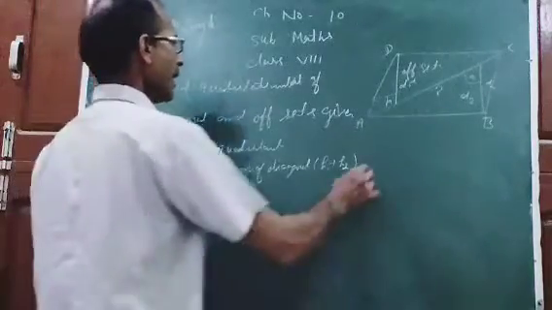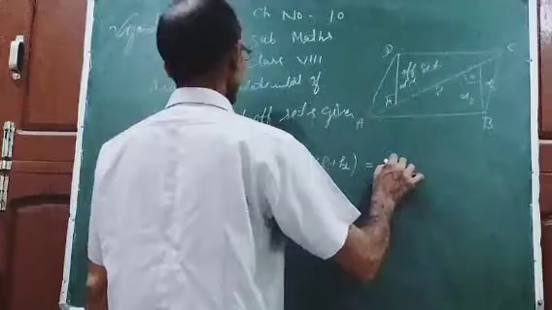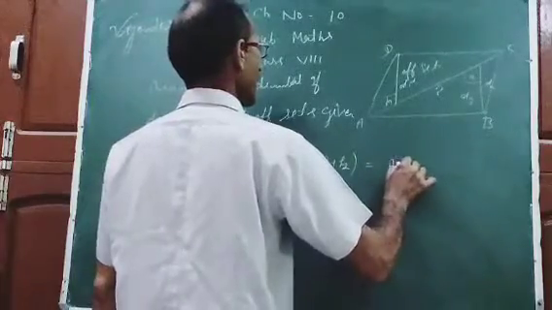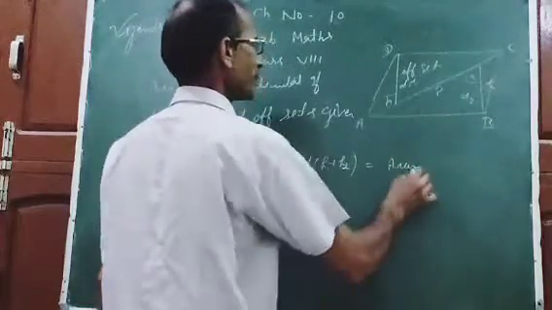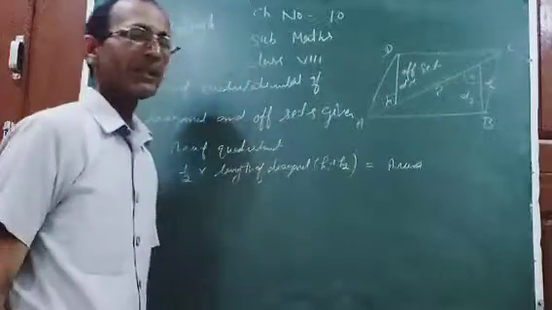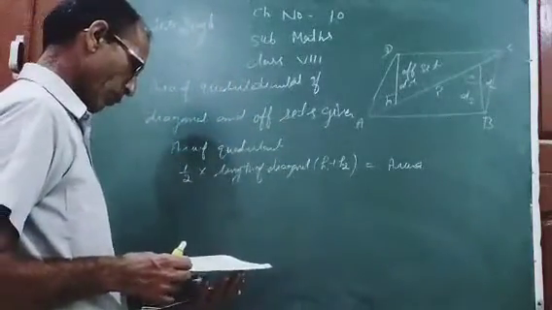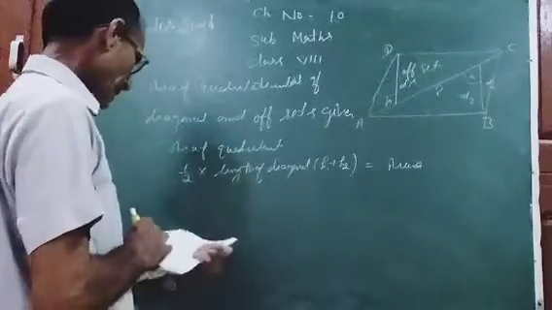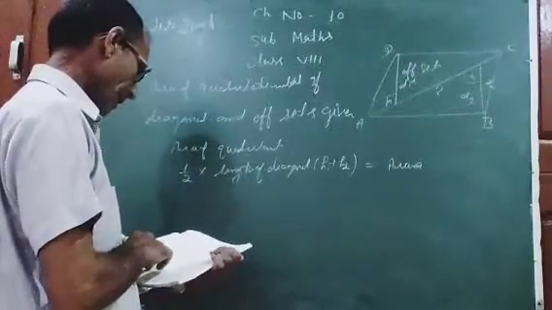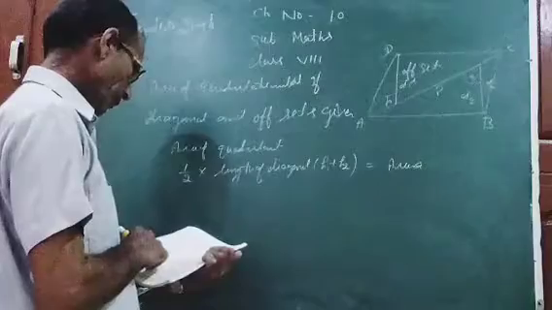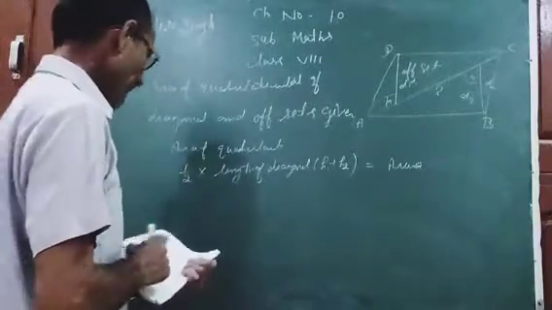So this will be the area. Any doubt, any confusion? Now in question number 9, area is given as 195 and the offsets are given as 8.5 and 11 meter.